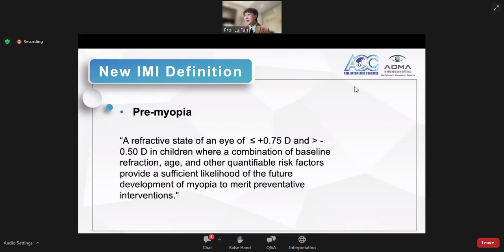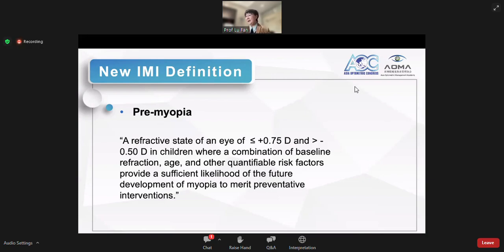As the national myopia control project launched in 2018 in China, based on years of research outcomes and our experience, we realized that the pre-myopia group is the most important part for myopia control. So how to define this group becomes extremely important.